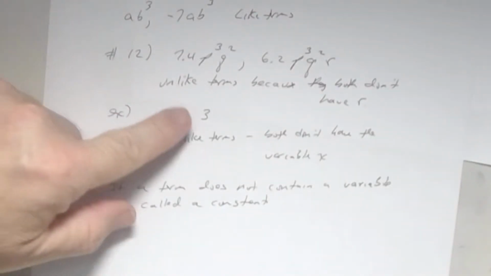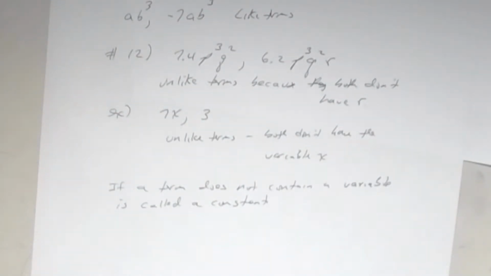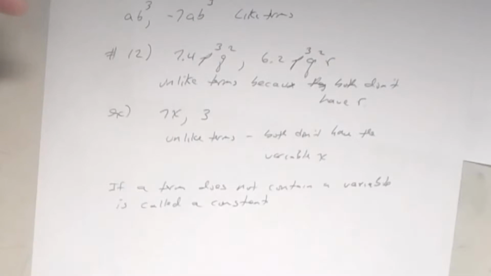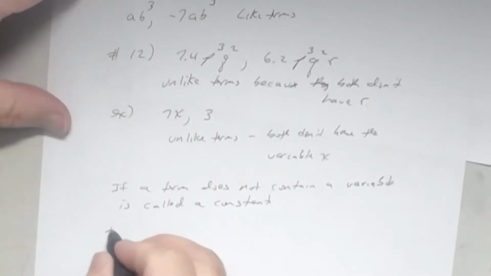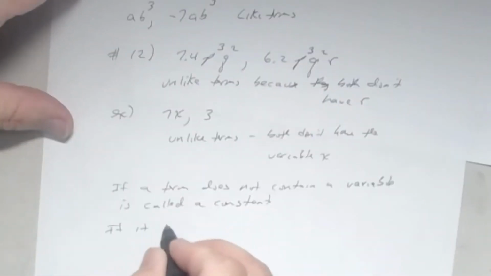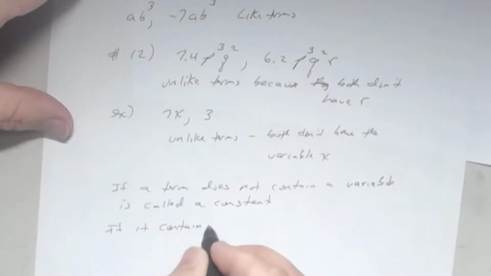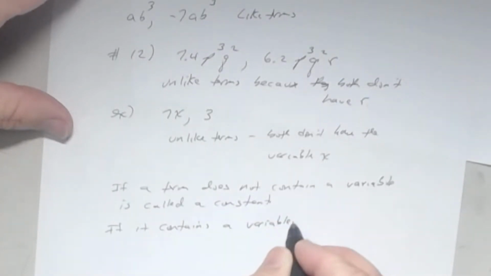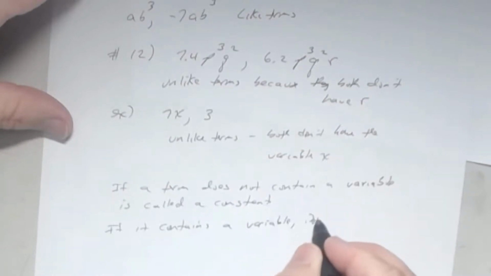So 3 is considered a constant. If it contains a variable, it's called a variable term.